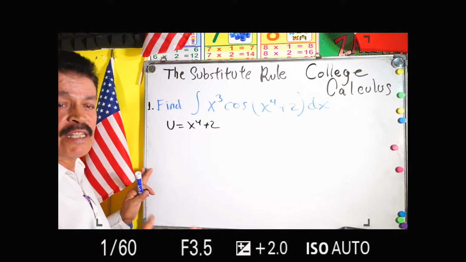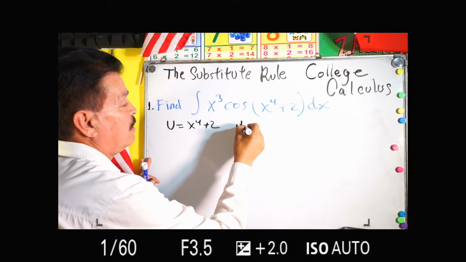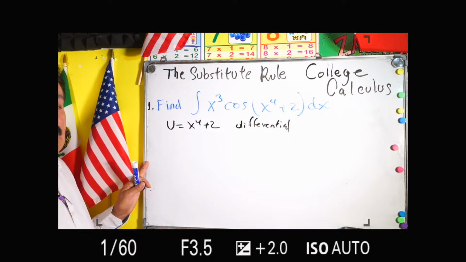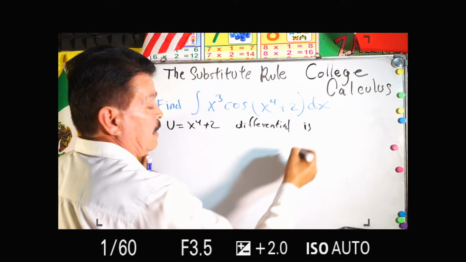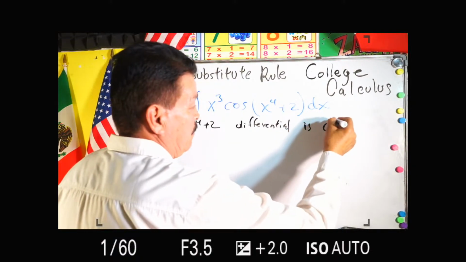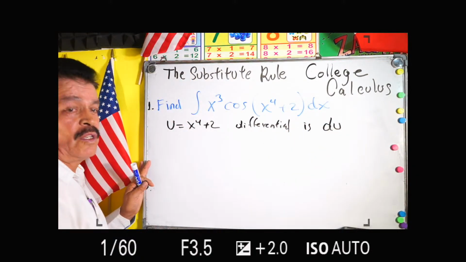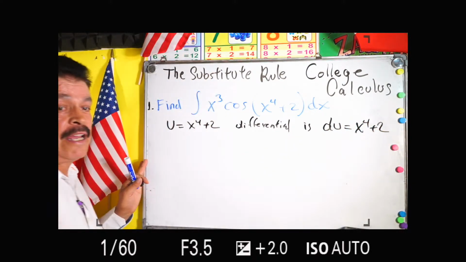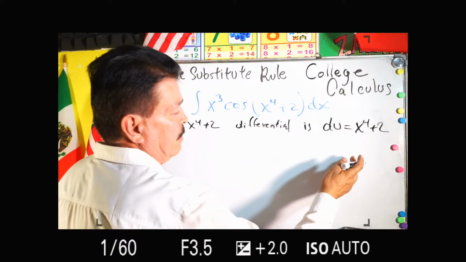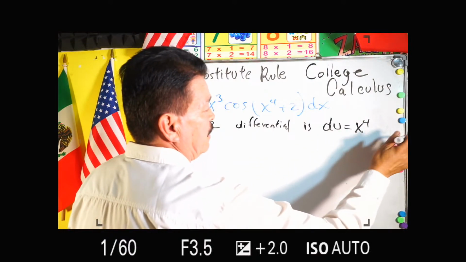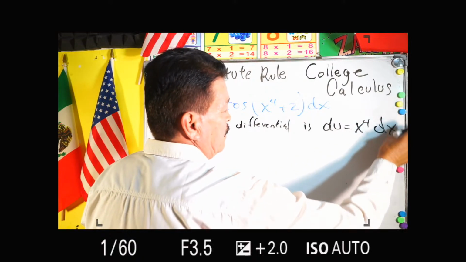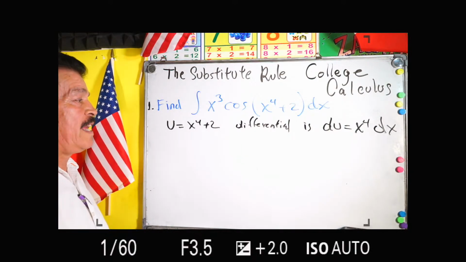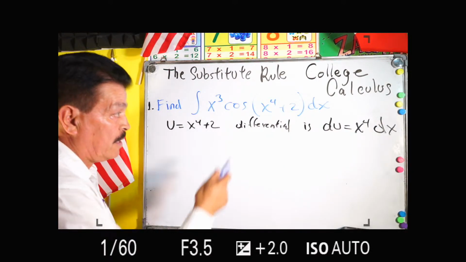This is the differential: du equals the derivative of x to the 4th power plus 2, which is 4x cubed, differential of x. Okay, that's the step. The plus 2 is a constant.